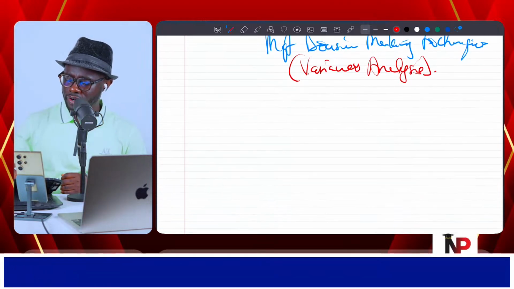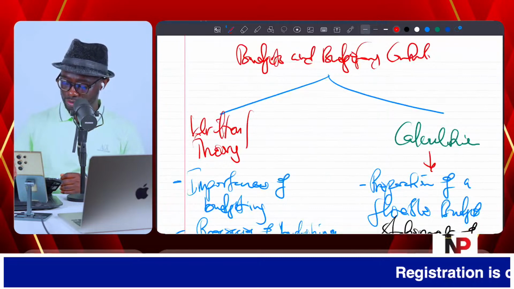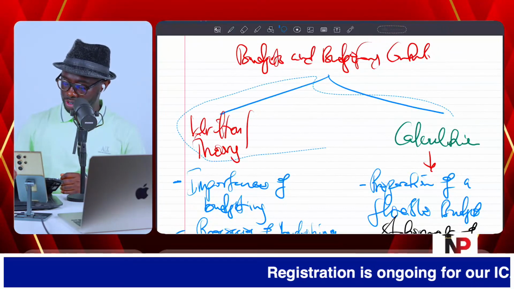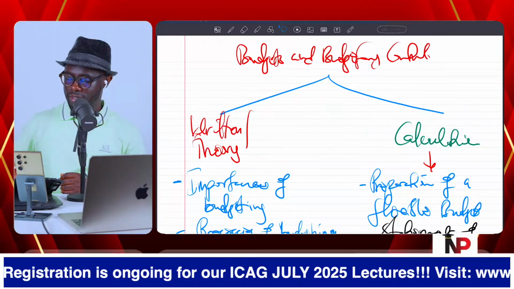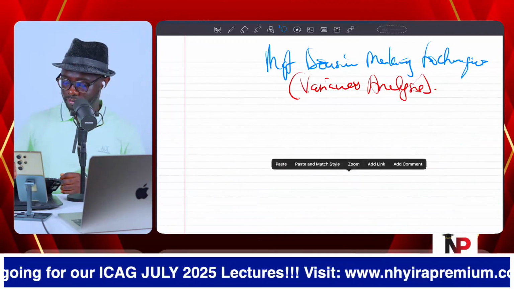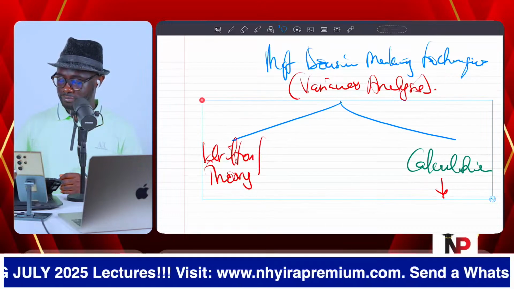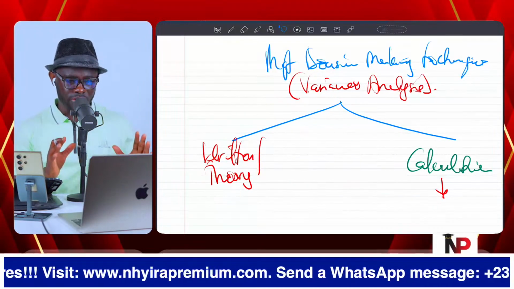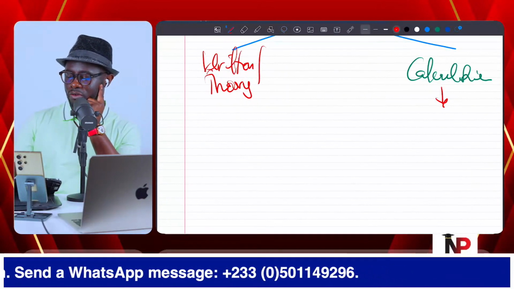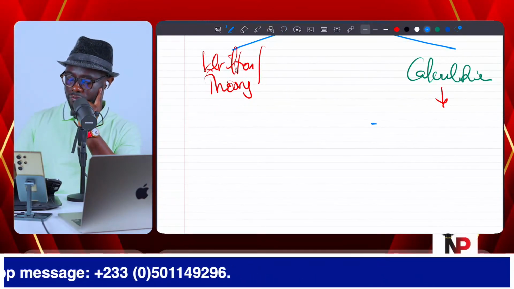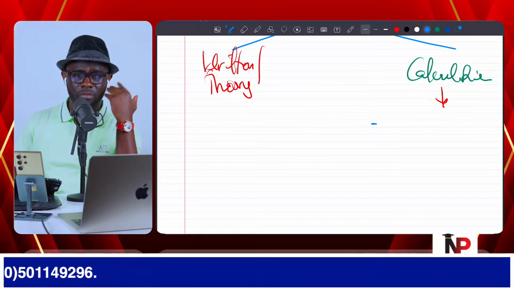Again, when it comes to variance analysis, it's divided into two categories. Permit me to copy this and take it to the next slide. There are theories and there are calculation aspects. So when it comes to the variance, what are the calculation issues we need to be mindful of? Number one, calculation of basic variances.